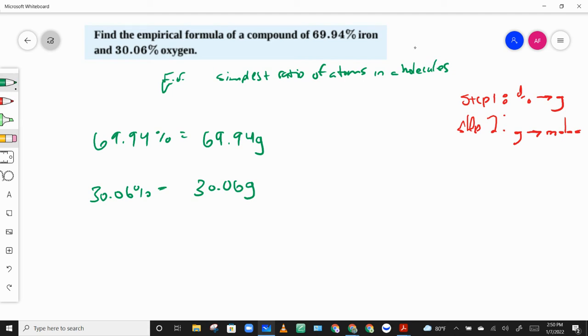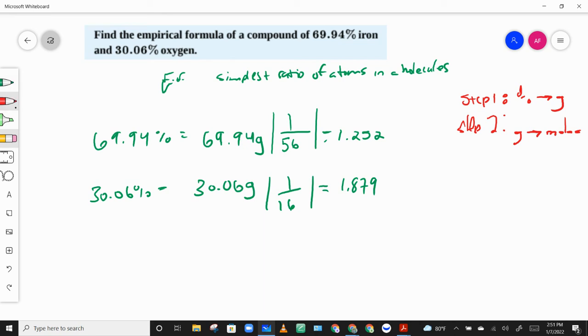So we take 1 over the molar mass of iron, which is 56, and then we do 1 over the molar mass of oxygen. Essentially, we're dividing each of them by their molar mass. When we do this step, we get 1.252 and we get 1.879.